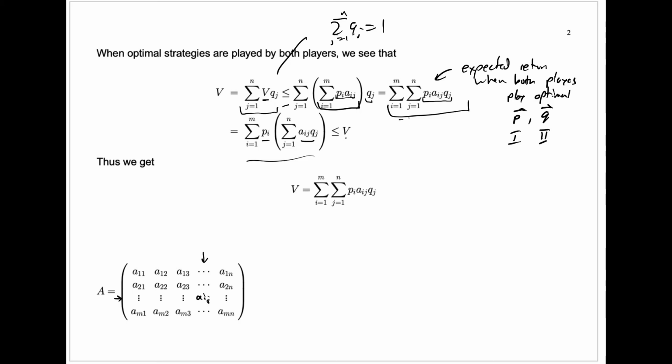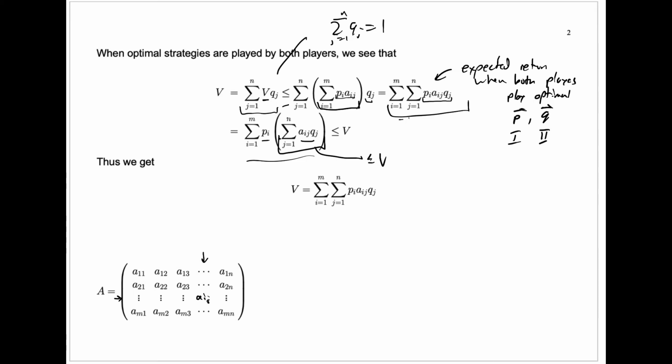And that will be less than or equal to V, because we already saw on the previous slide that this quantity is less than or equal to V. This quantity represents the expected payout if player 2 is playing the optimal strategy Q and player 1 plays, in this case, row i.